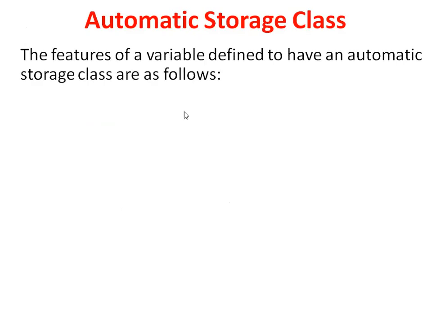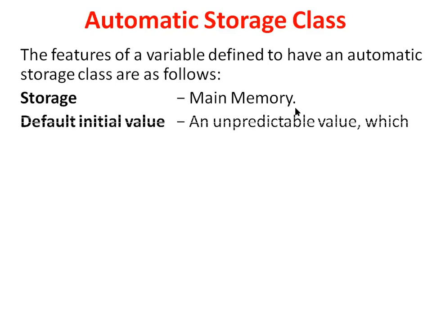When you declare the variable storage class as automatic, the variable will have these features. What are those features? First, storage: the variable is allocated in main memory.